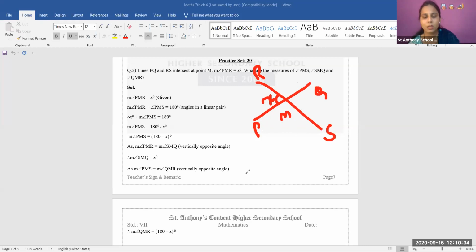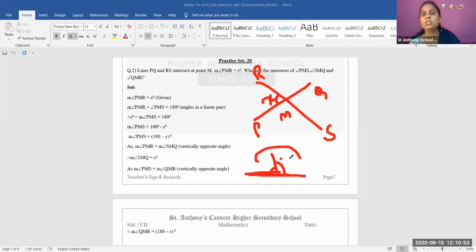For example, if this is a straight line and if this line is there like this, these angles are known as angles in a linear pair because this is a straight line. On a straight line, two angles are formed.